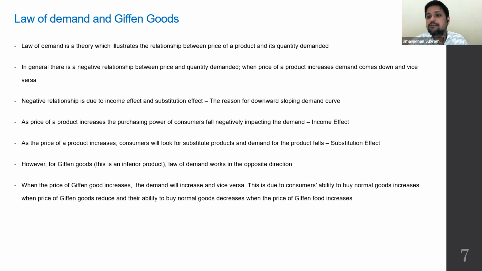Giffen is an economist, and he did research on a segment on the poorer side of a particular society, analyzing their behavioral pattern for an increase and decrease in the prices of these Giffen goods.